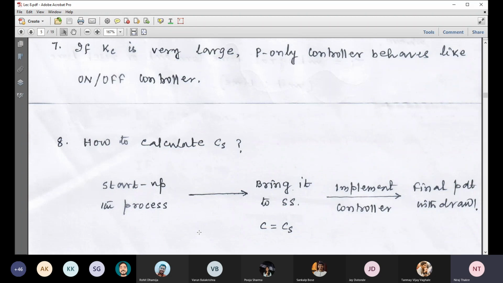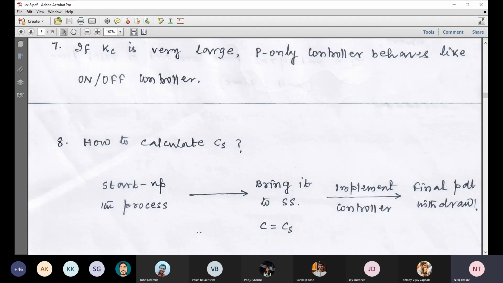You see, I told this one before. Whenever you are going to start a process, this process is not at steady state from time t equal to 0. So first you need to bring that process to steady state. And at that steady state condition, you just see what is the value of CS.